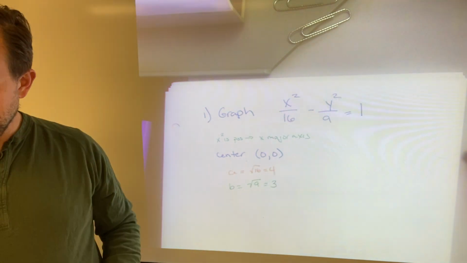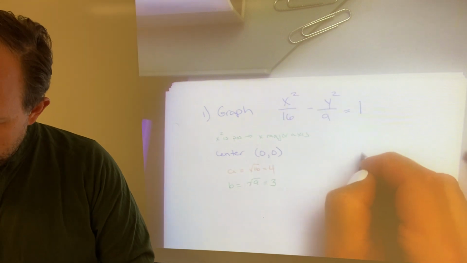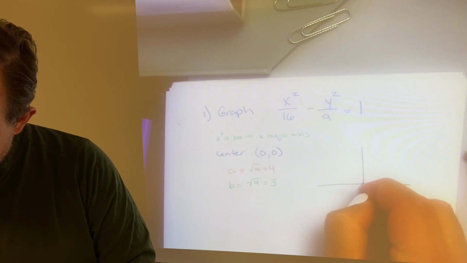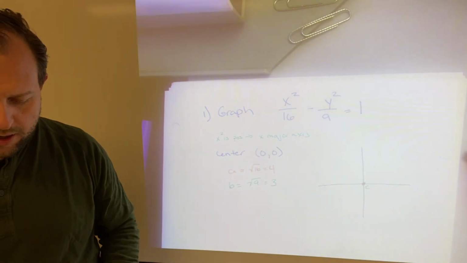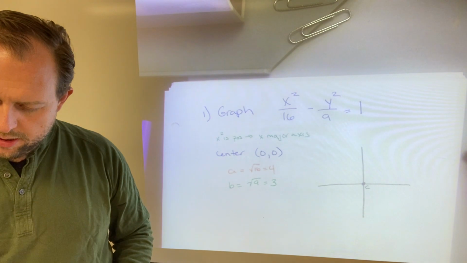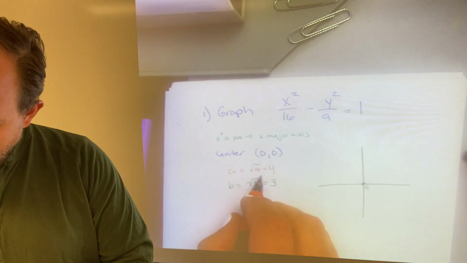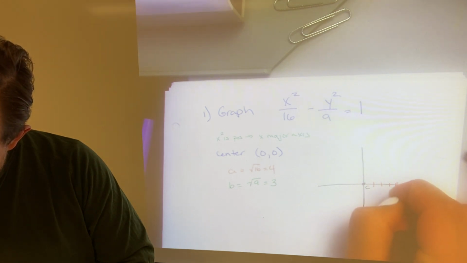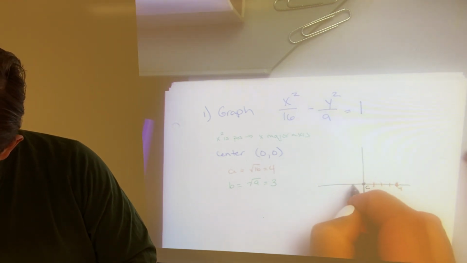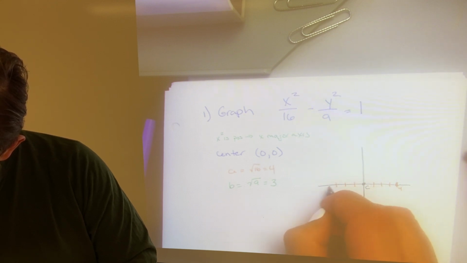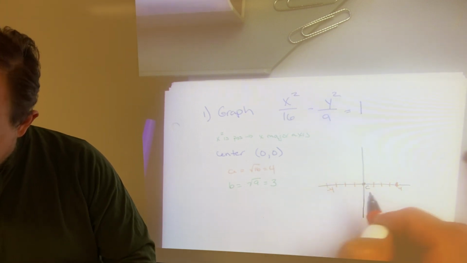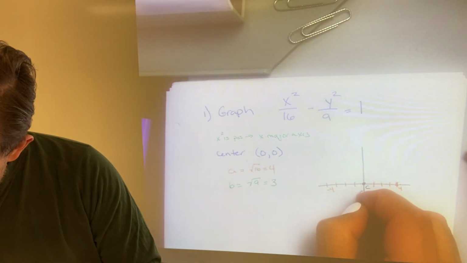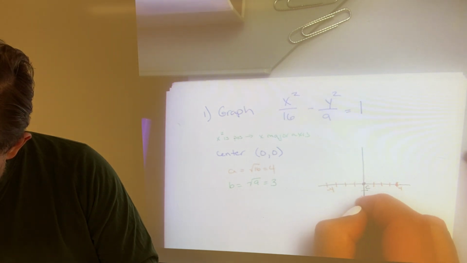And so to graph this, a really simple graph, we draw on our axis, and our center is right there. Our major axis is 4, so that's left 4, right 4. Our conjugate is going 3 away.